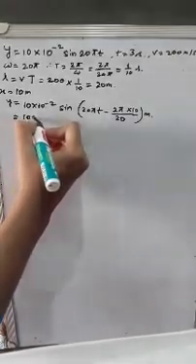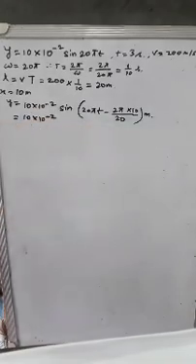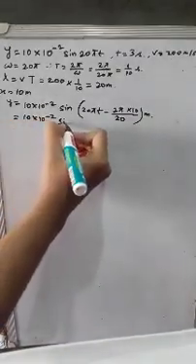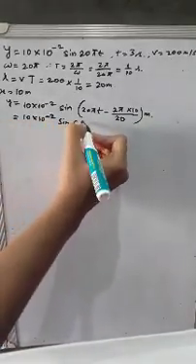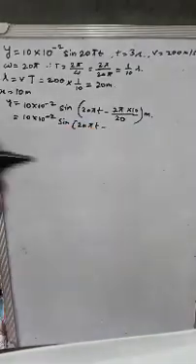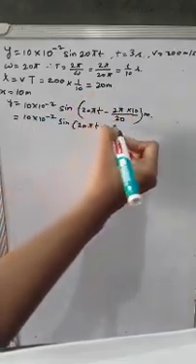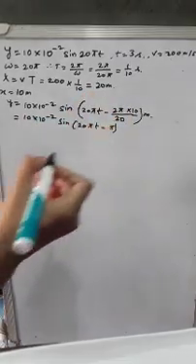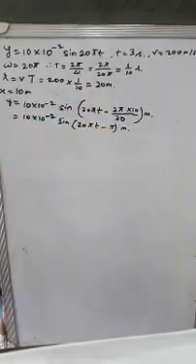So this will remain the same, 10 into 10 to the power minus 2 sine 20 pi t minus, this will get cancelled and you will be left with only pi. And this is in terms of meter. Clear?